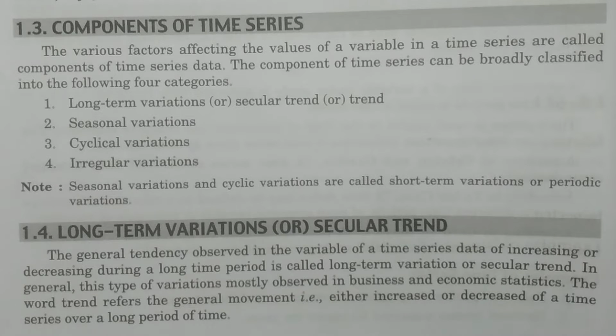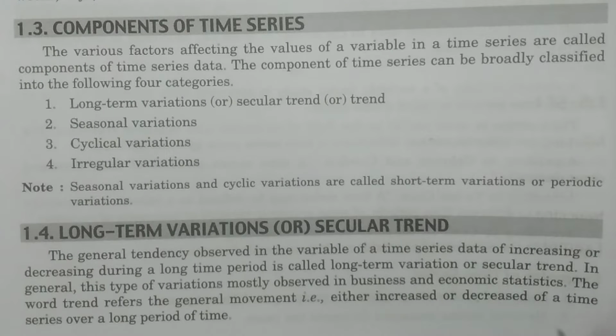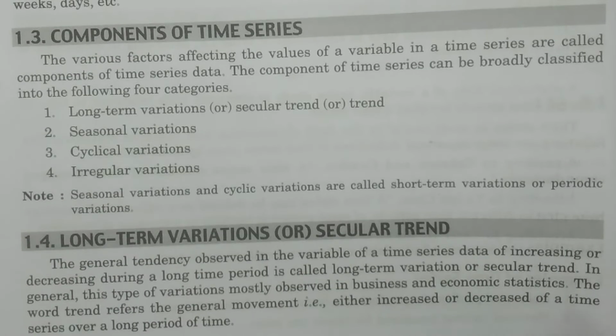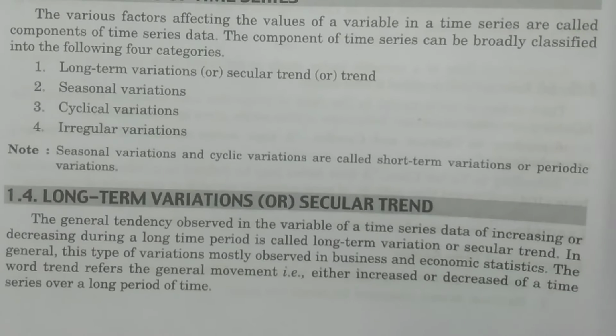That is the tendency, which means the change of the variable, whether it is increasing or decreasing, which is observed during a long time period, is called long-term fluctuations or long-term variations, or simply secular trend or trend. This type of variation is mostly observed in business and economic statistics.